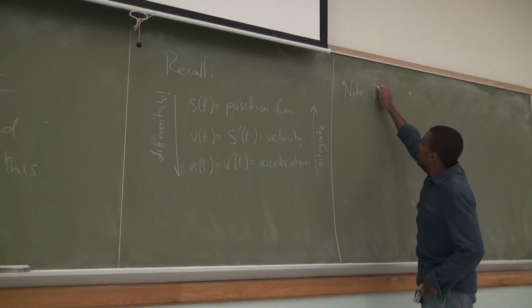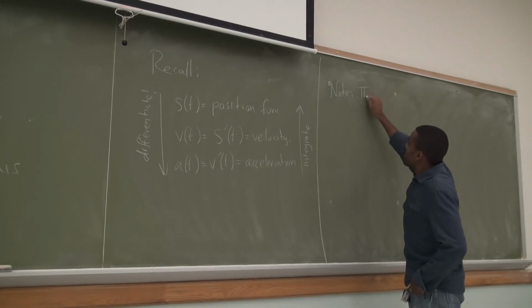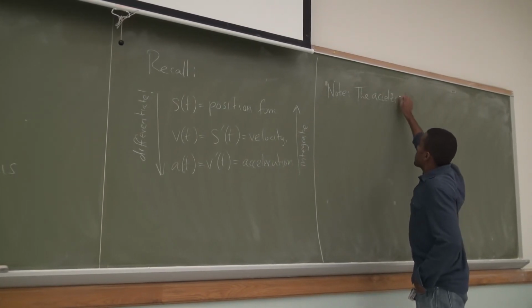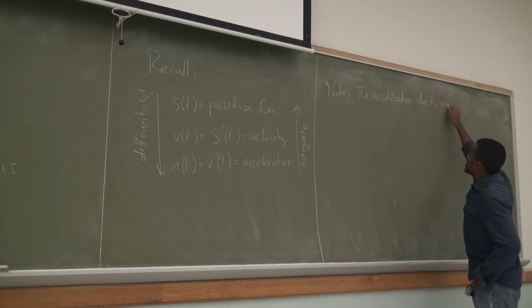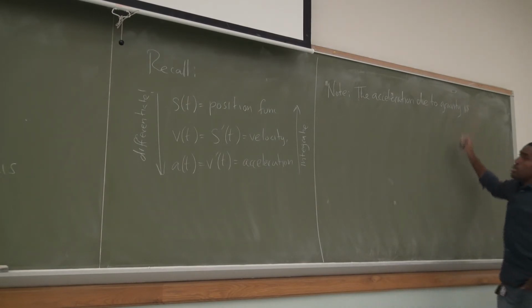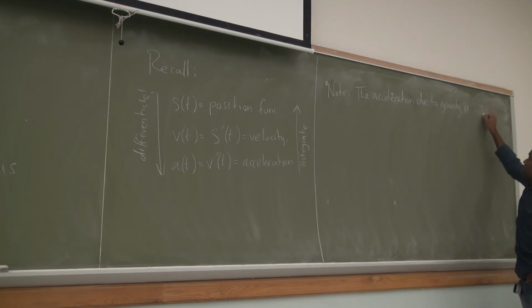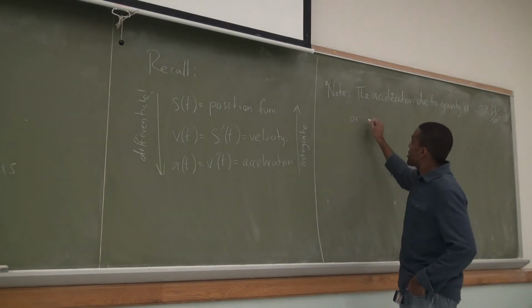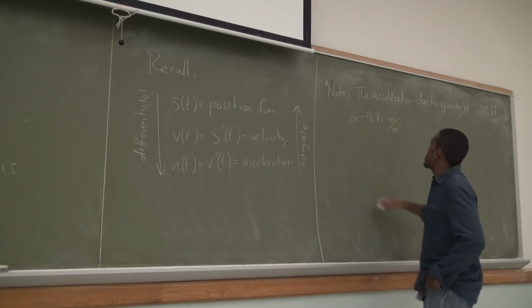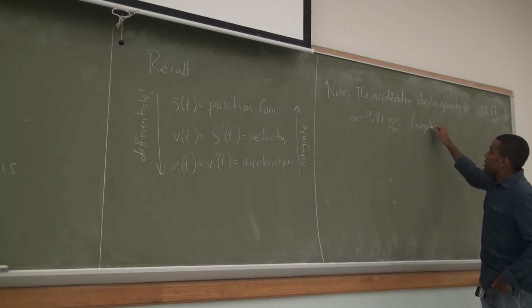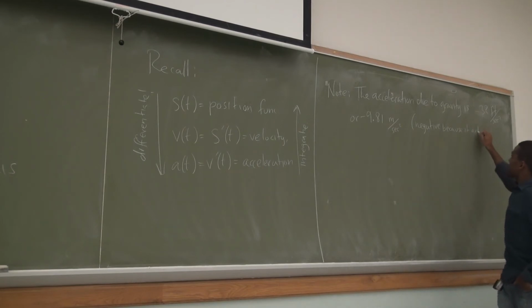The acceleration due to gravity is minus 32 feet per second squared, or 9.81 meters per second squared. Negative. It acts downwards.